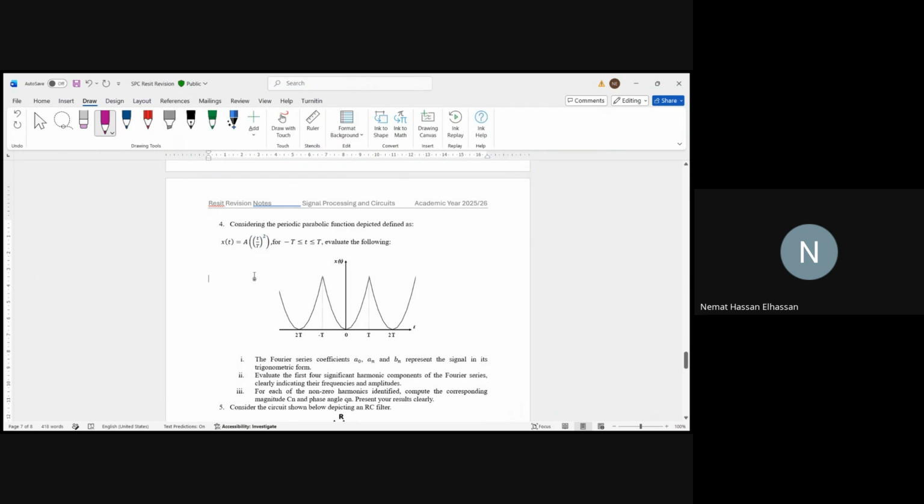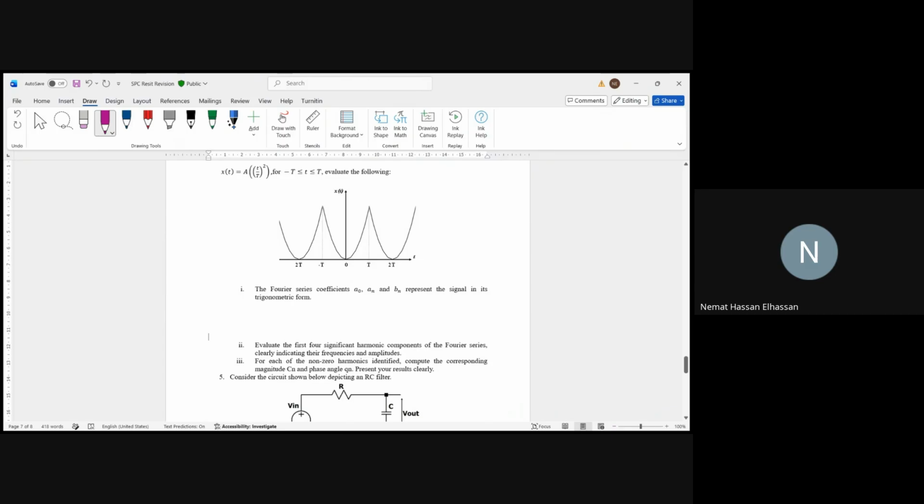For t from minus T to T. So let's evaluate that. We are given the x of t value and we are trying to find the Fourier series coefficients a0, an, and bn, which represents the signal in its trigonometric form.